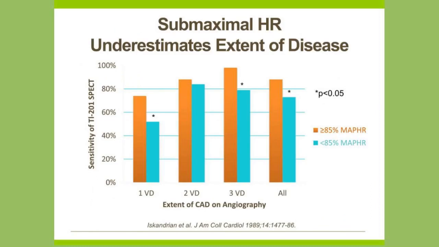And likewise, inability to reach an appropriate age predicted heart rate of 85% of your maximum age predicted can underestimate the extent of disease.